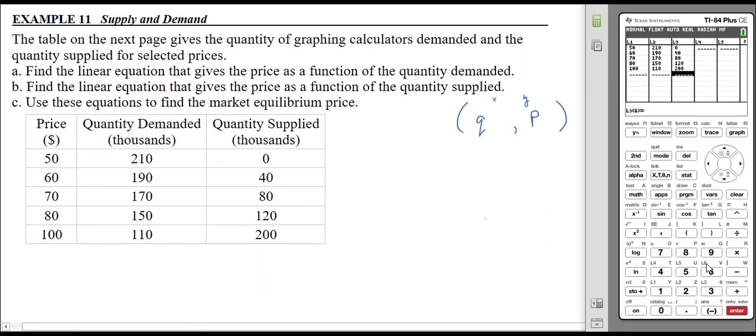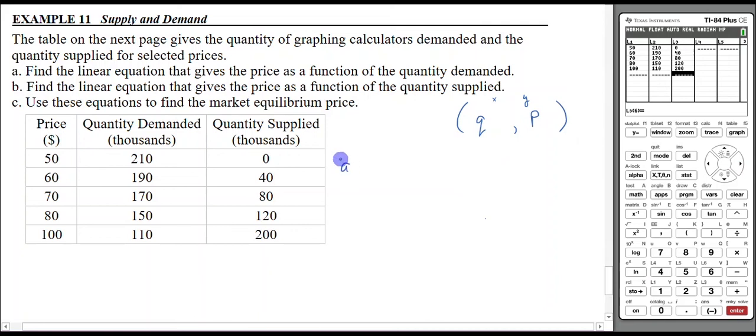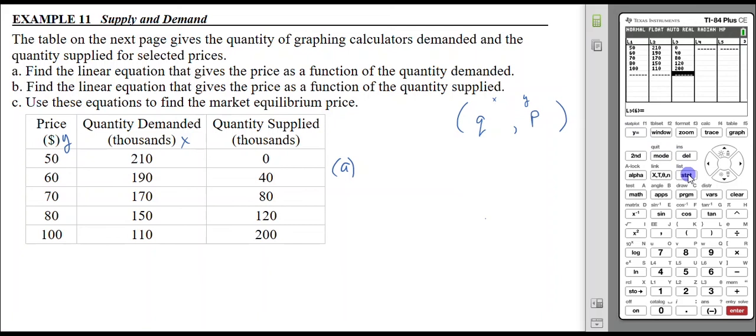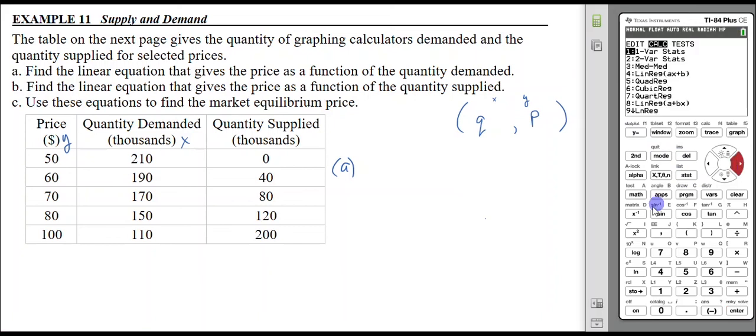We have our data entered, and now what we want to do first is part A. We're going to find the linear equation that gives the price as a function of the quantity demanded. So we're going to be using these as our x's and these as our y's. So go back to stat, calculate a linear regression.